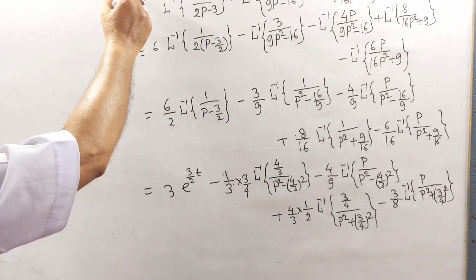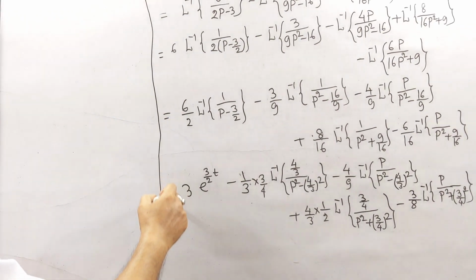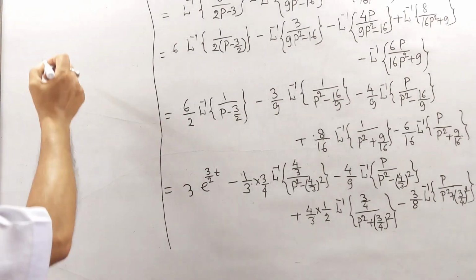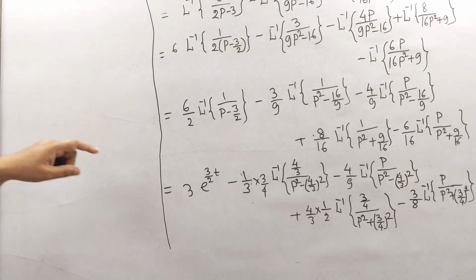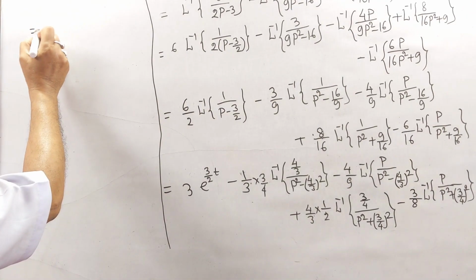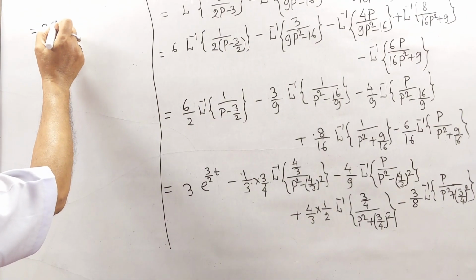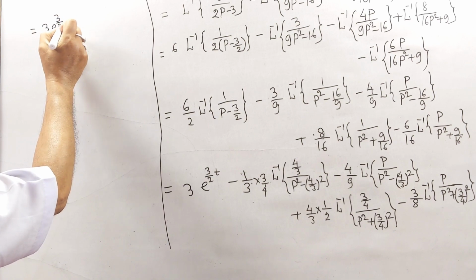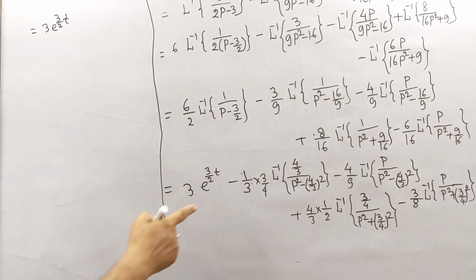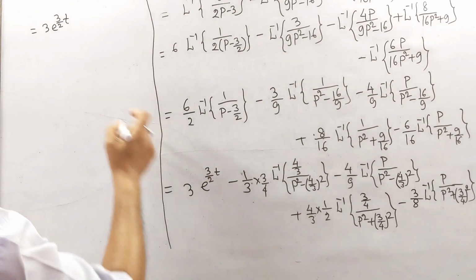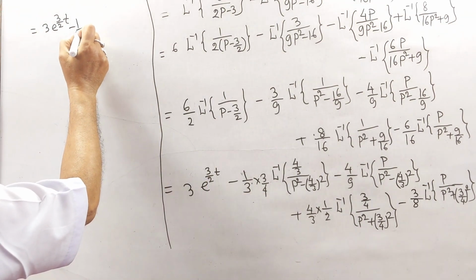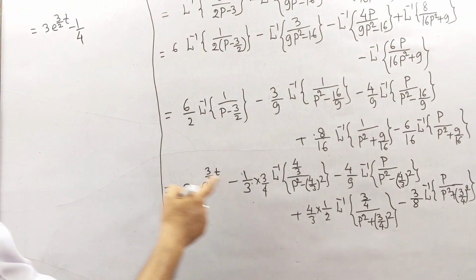So we get equal to 3 e to the power 3 by 2t, minus 3 cancel, 1 by 4 minus 1 by 4.